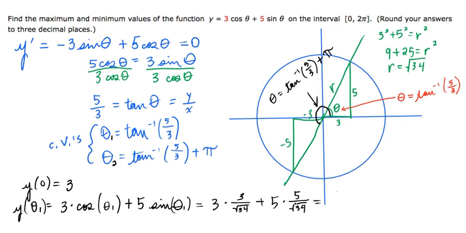We already have a common denominator, and 9 plus 25 is 34. So I have 34 over root 34. If I factor the numerator into root 34 times root 34, then I can cancel one of the root 34s. And so we just get square root of 34 is the exact value.